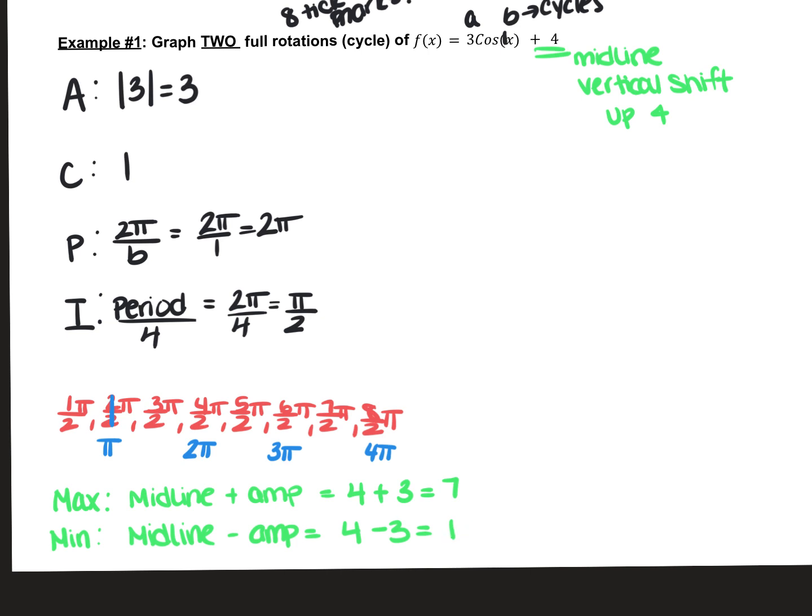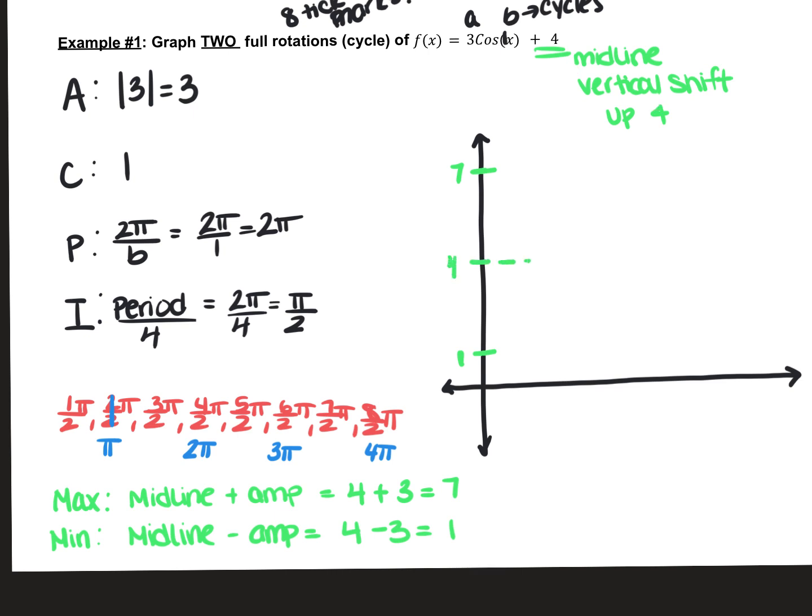So if we know this, when we sketch this, we can put our y-axis here, but we only need the graph from 1 to 7. So I'm going to justify the axis smaller because we don't need negative values. You can put your 1 here for your minimum, put your 7 here for your maximum, and your midline is your vertical shift. So your midline can be right in the middle at 4, and your midline is always expressed as a dotted line.